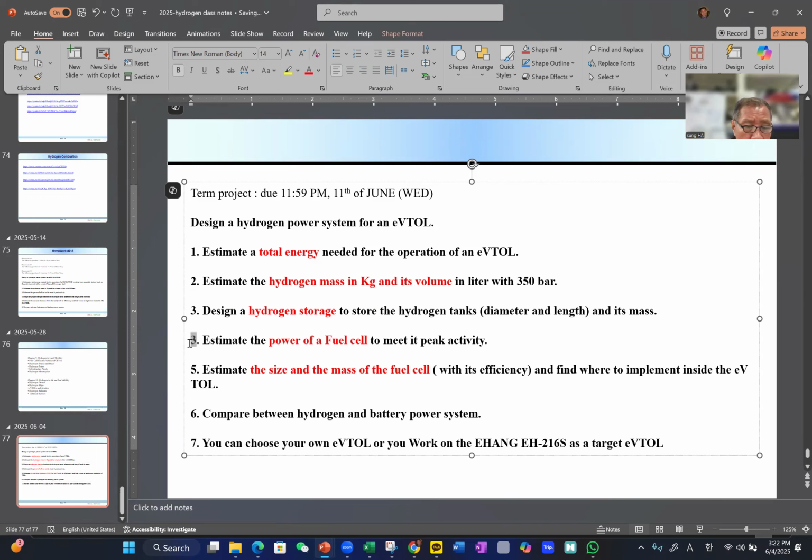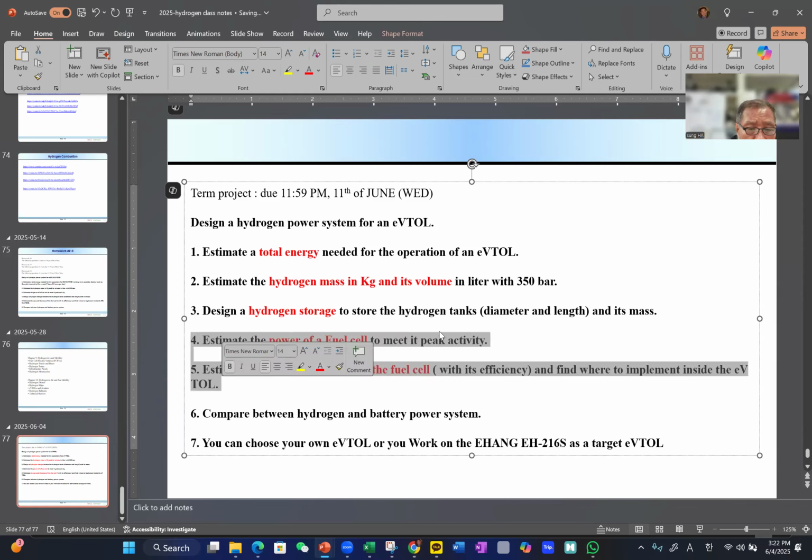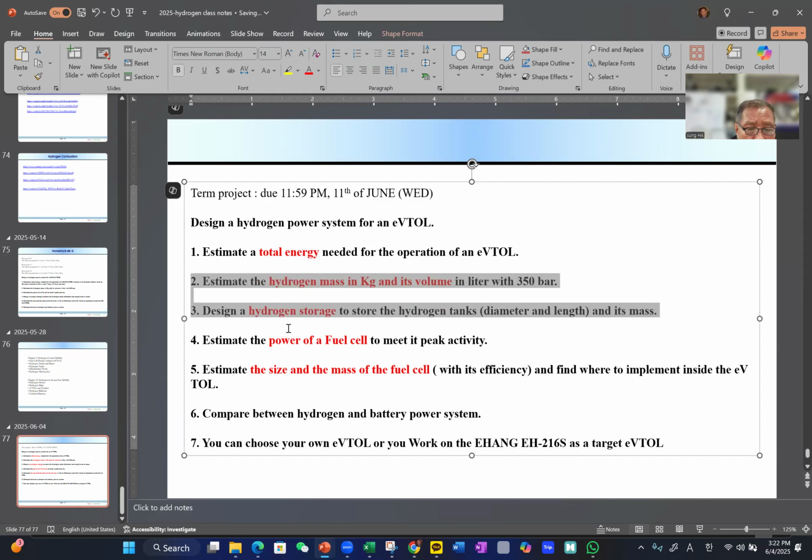This is going to be 3 and 4. Okay, so 4 and 5 will relate to a fuel cell, and 2 and 3 will relate to a hydrogen storage tank. And then compare between the hydrogen and battery systems.